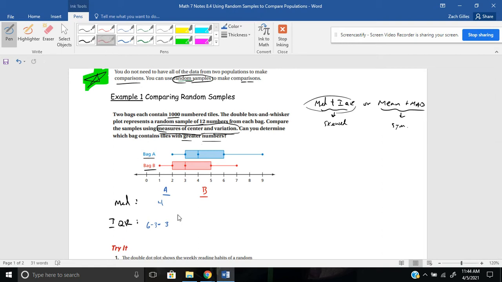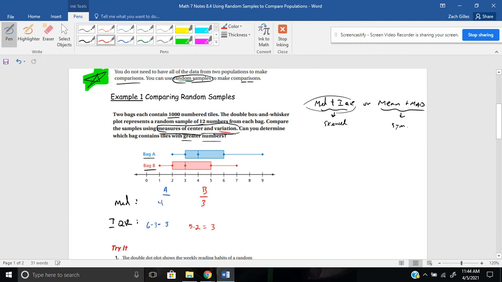Then we go to the median for box B, which is at 3. And the interquartile range is the difference between the ends of the boxes. So 5 minus 2, which is 3. So you'll notice that our interquartile range is 3 for both of them.